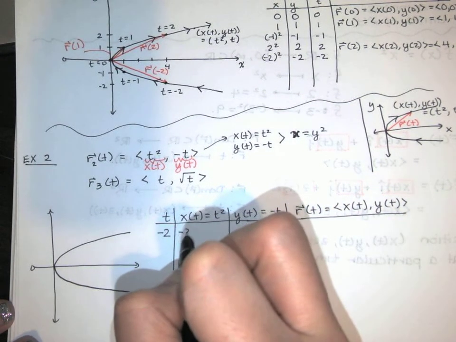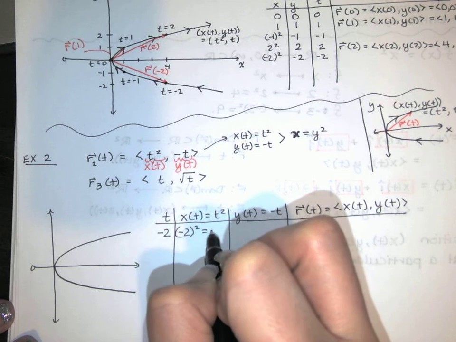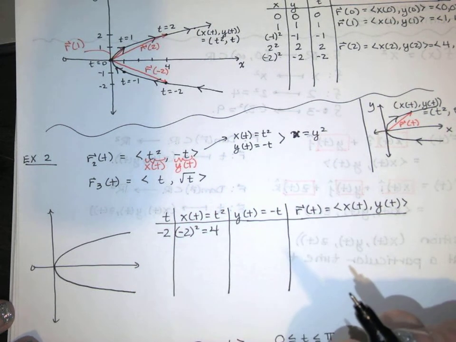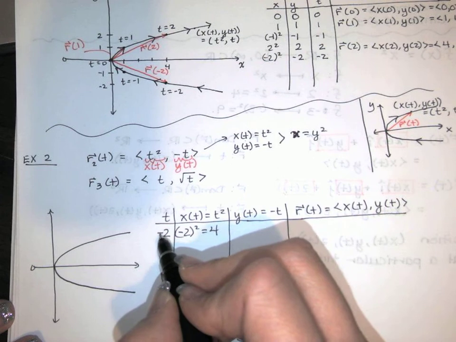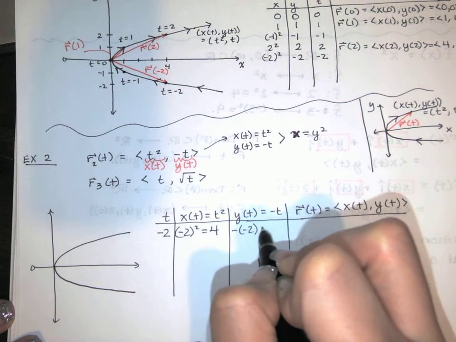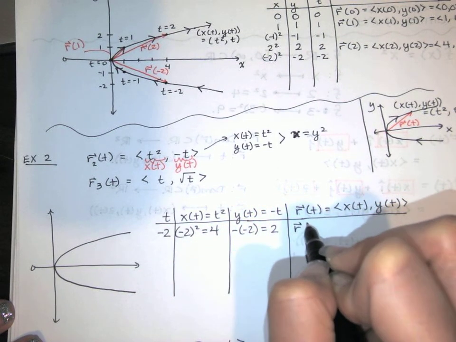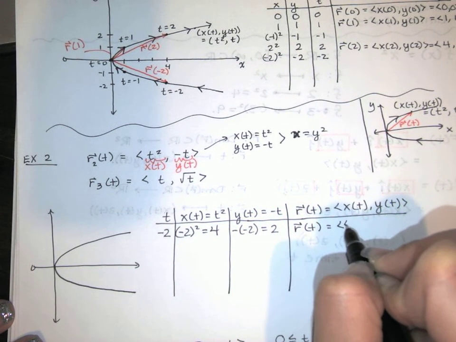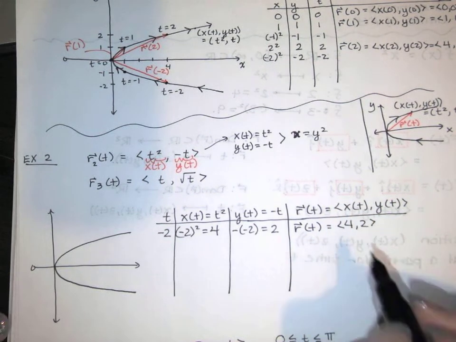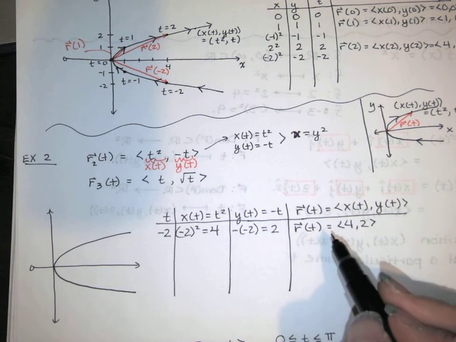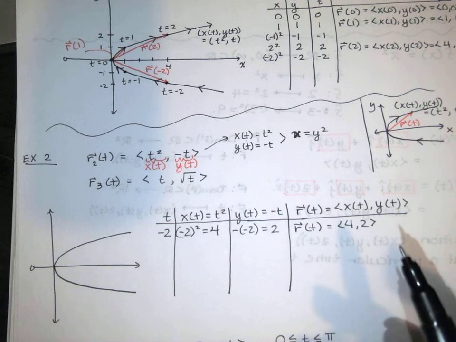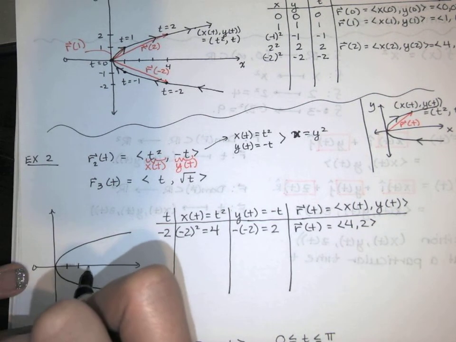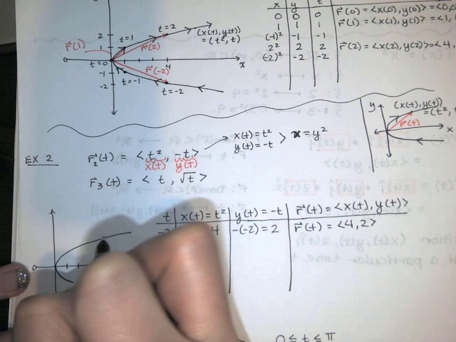Well, then x is negative 2 squared. Negative 2 times negative 2 is positive 4. And y of t is negative of negative 2. So y is 2. So r of t is 4, 2. So we're at a particular location. r of t is starting at the origin and pointing to x equals 4, y equals 2. So this one's not to scale. So it didn't do as good a job with this graph.